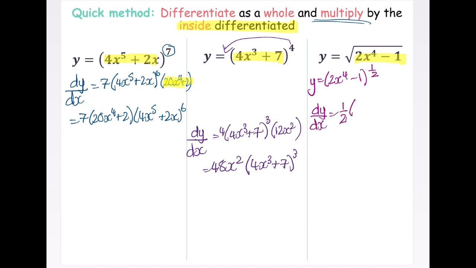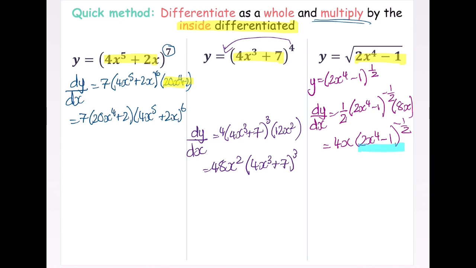Ignore the inside for now. (2x to the power of 4 minus 1). Take 1 away from the power. Multiplied by the differentiation of the inside. So that's me 8x. Okay, let's tidy that up a little bit. A half times 8x is just 4x. And then that becomes 4x times (2x to the power of 4 minus 1) to the power minus a half.